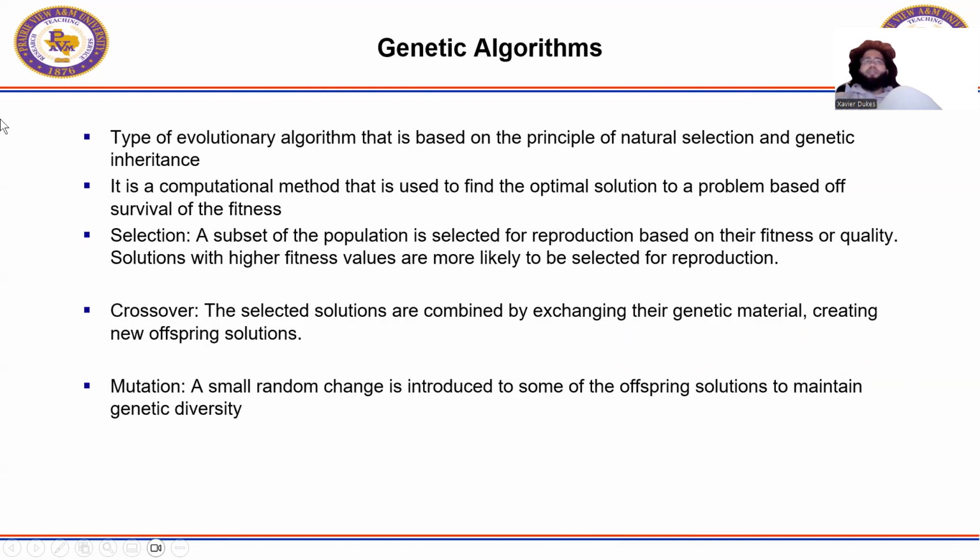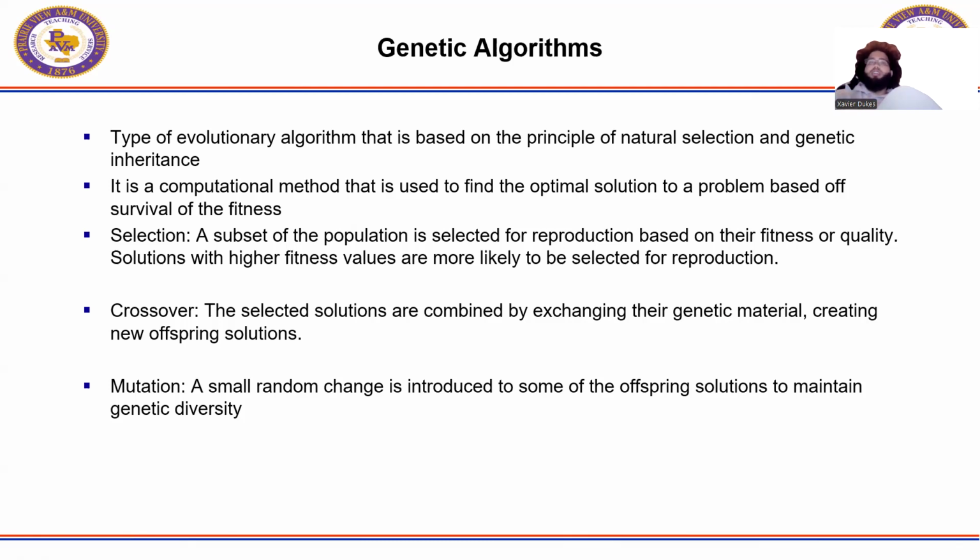Then you have genetic algorithms, which is a type of evolutionary algorithm based on the principle of natural selection and genetic inheritance, very Darwinian, if you will. It is a computational method that is used to find the optimal solution to a problem based off the survival of the fittest.